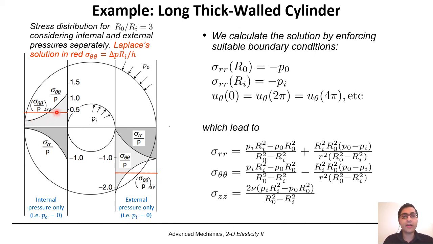So it shows that it's better to use Laplace's solution only for thin walls, where this variation is not significant. But for thick wall cylinders, it's better to use the more precise solution based on the Airy stress function.